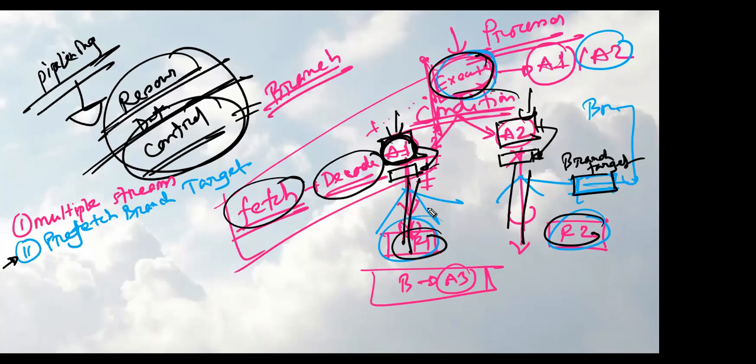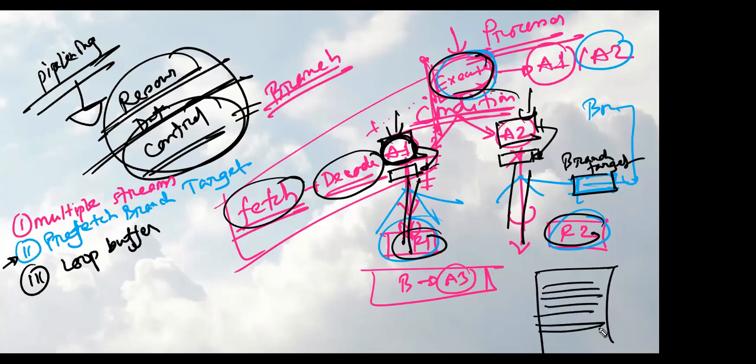And another strong approach could be the loop buffer. It is kind of cache. That means this will temporarily hold all those branch instructions, as it is a very speedy memory.